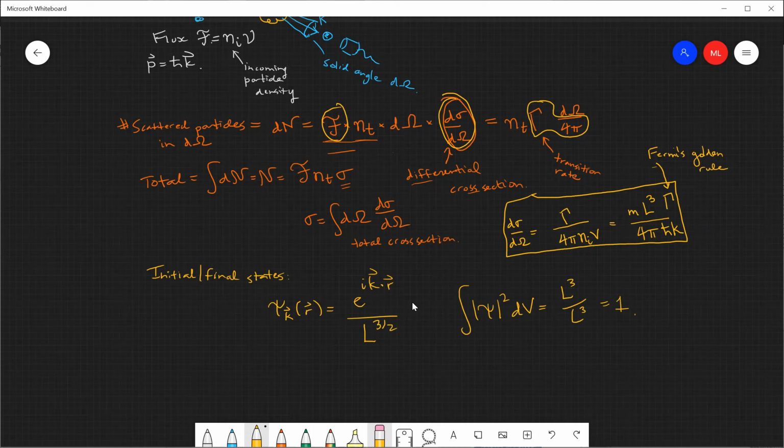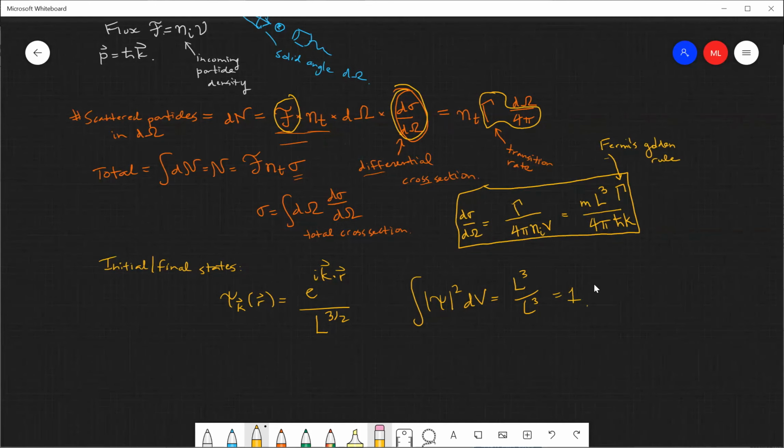You just put everything in a periodic or fixed boundary box. It doesn't matter what particular boundary conditions. You always take the box to be large enough that you don't worry about the boundary condition, but it does come up for things like density of states. Then you can get nice cancellations. Whenever you write down an answer, like a differential scattering cross-section, whatever you use to regularize the wave function for these free particle states should just drop out of the calculation.